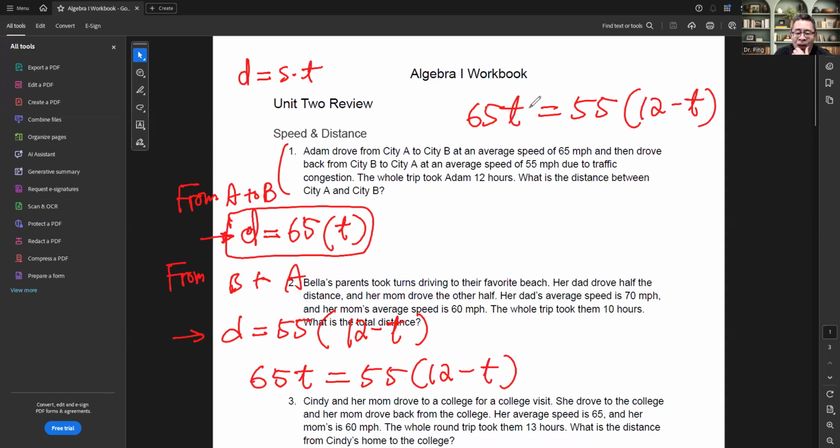We have one variable, and this is called a linear equation. So in order to solve it, we have to separate the known quantity and the unknown, which is t. So we use the distributive property, we separate them out, and now we get 55 times 12.